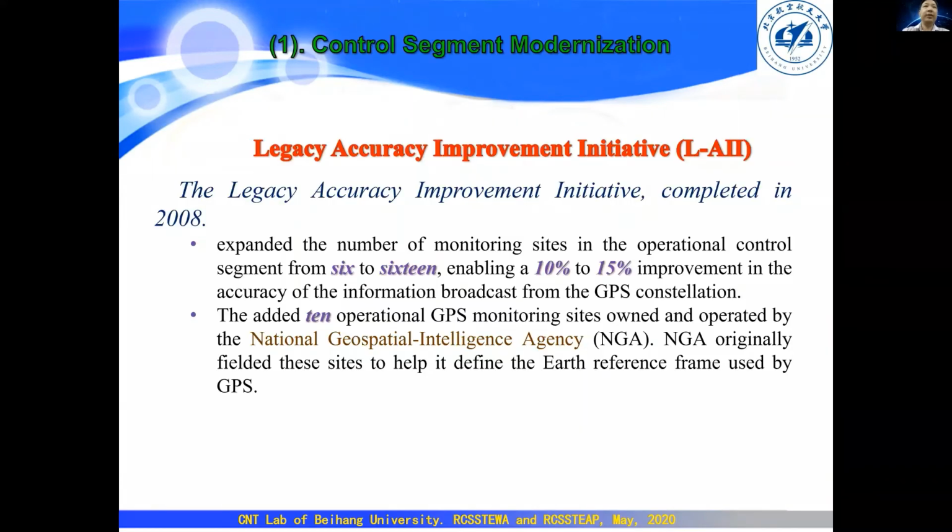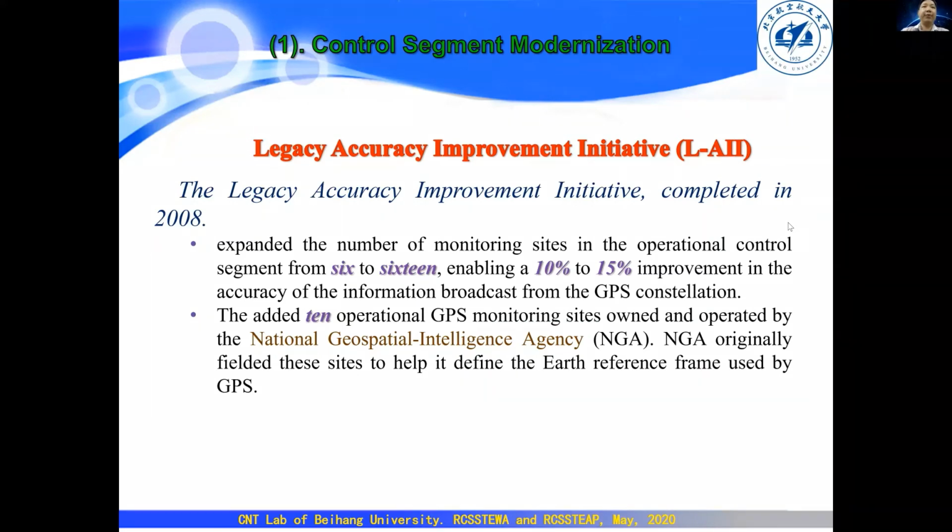They wanted to make some improvement in accuracy early, and it was already completed in 2008. They want to have more monitor stations, intended from 6 to 16 stations, and they also added 10 operational GPS monitor sites to increase the accuracy.